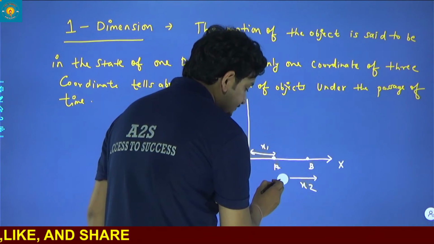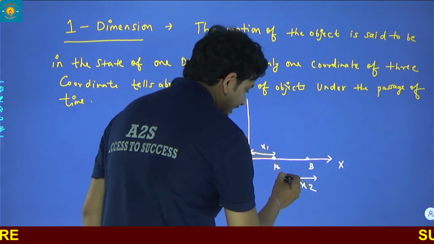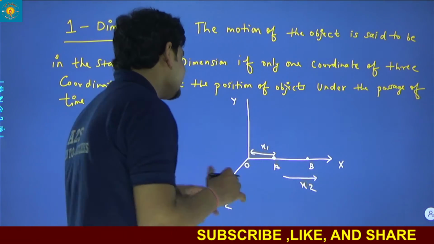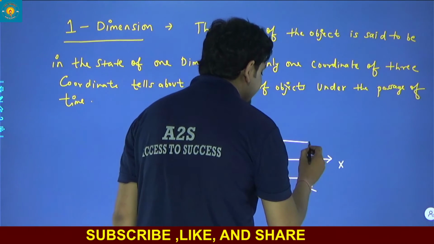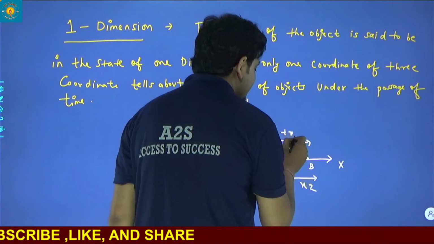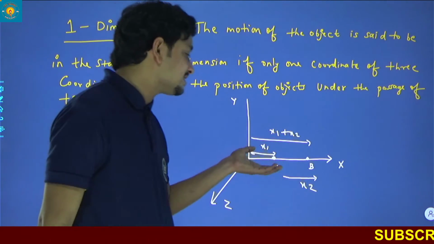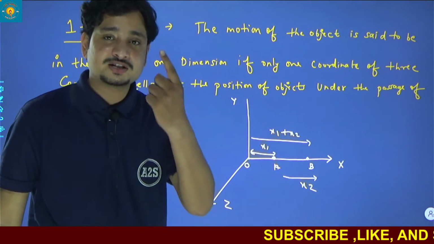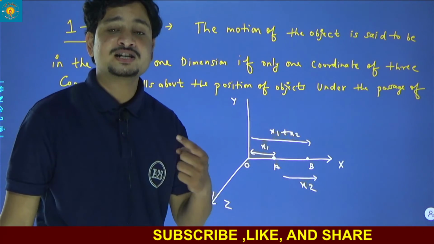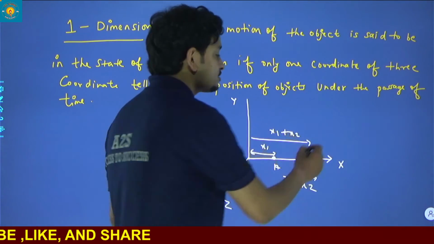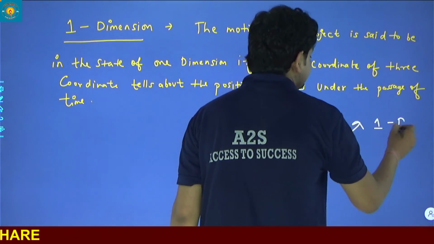From A to B, the total distance from O to B is x1 plus x2. So what you have seen here is that in one axis, one coordinate, the object changes its position with respect to time. So this object is in which dimension? One dimension.